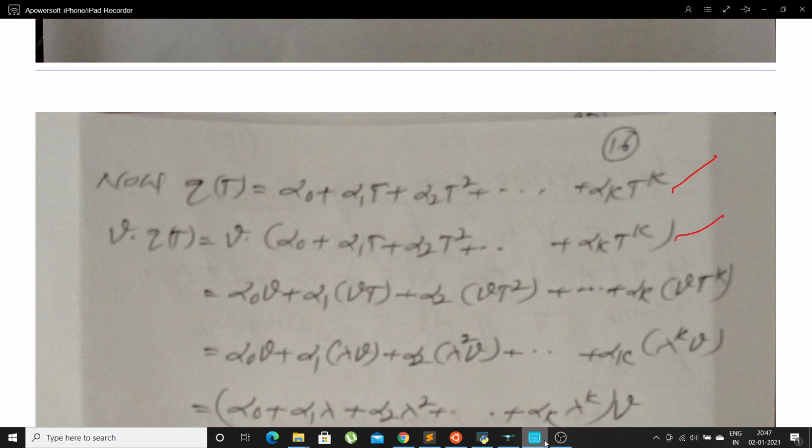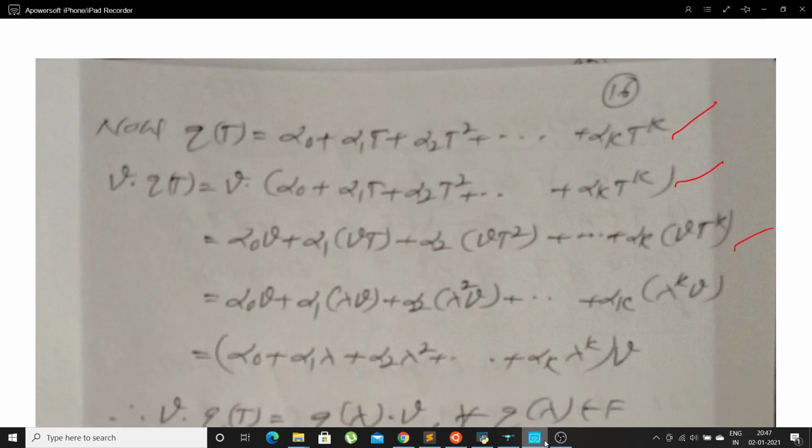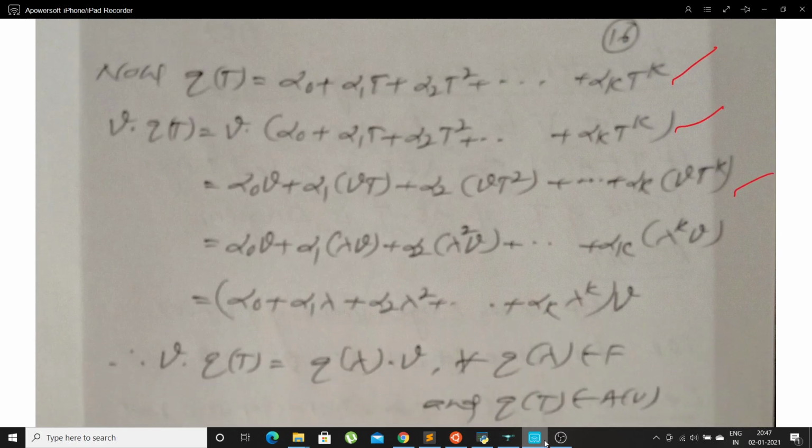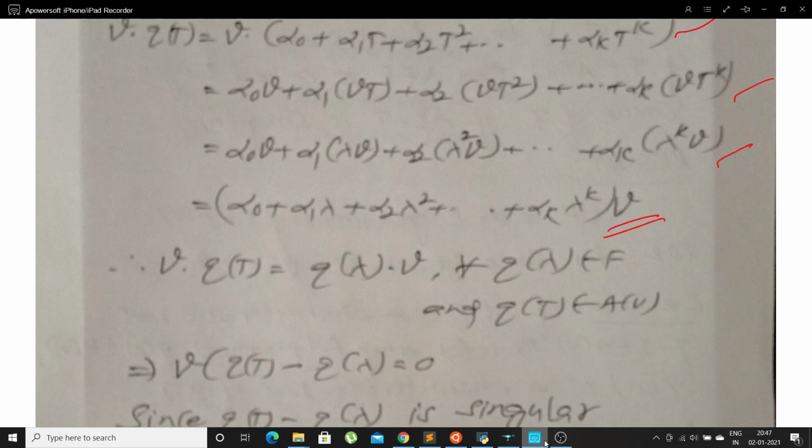Again taking v inside and using the definition of eigenvalue, I mean the characteristic root of T, and taking v common to the right hand side, we replace this bracket by a polynomial in lambda, that is q of lambda times v, where q of lambda is a polynomial with respect to a scalar lambda, therefore it belongs to F.